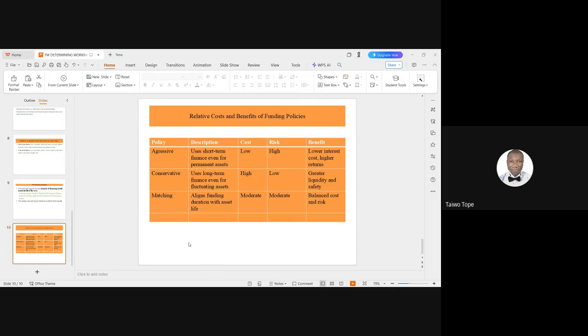The conservative policy uses long-term finance even for short-term needs, offering greater liquidity and safety, but at a higher cost. And the matching policy aligns financing with asset life and balances cost and risk. So these are things we must take note of, even while we study further. Thank you very much for listening.